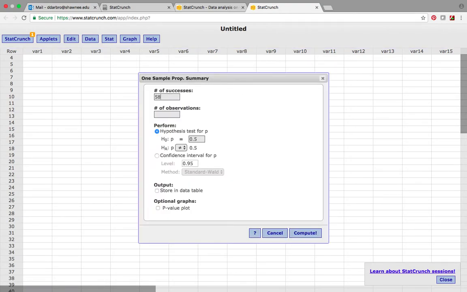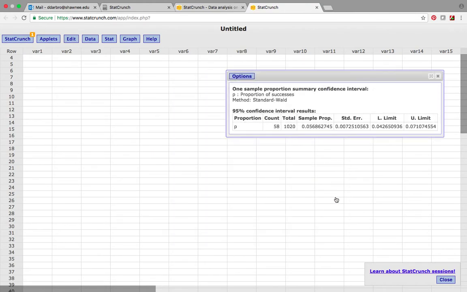I don't know if being a job applicant who fails a drug test is a success, but in the language we use in statistics, that's what it would be called. So 1020, we want a 95% confidence interval, so compute.